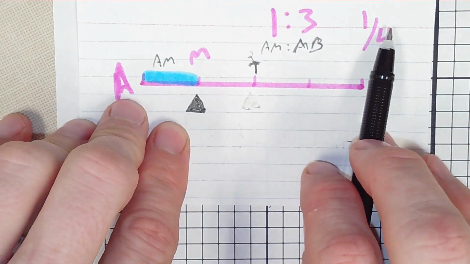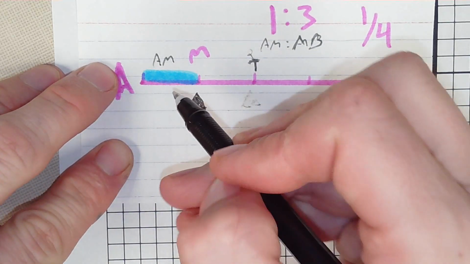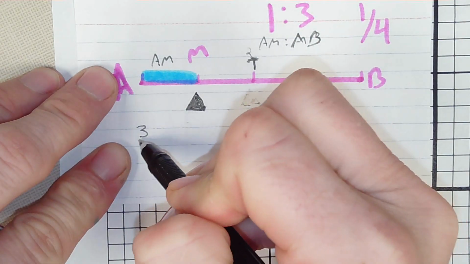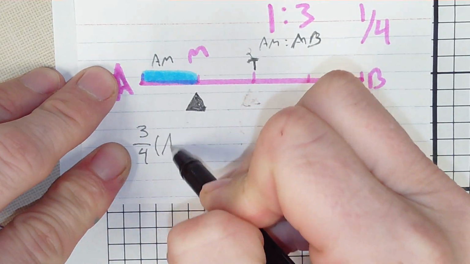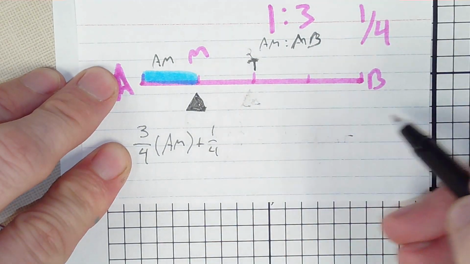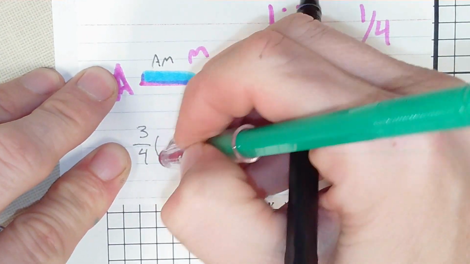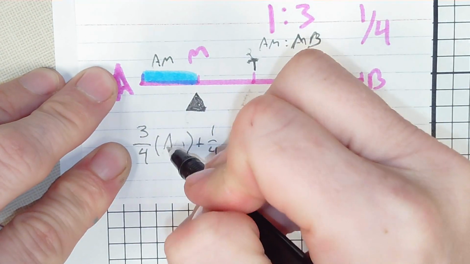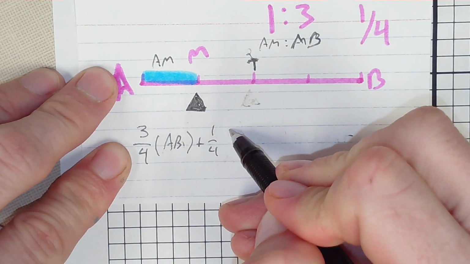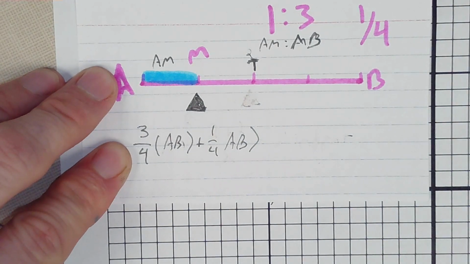So in order to make this all weighted correctly, this is going to be 3/4 of the whole line segment of AB, and this is going to have to be 1/4 of AB, right?